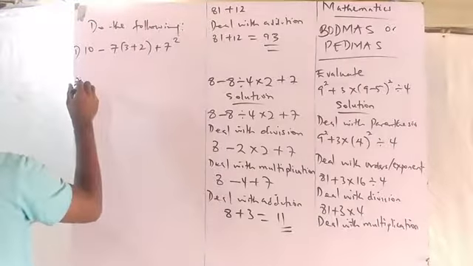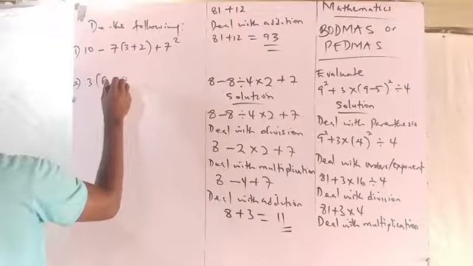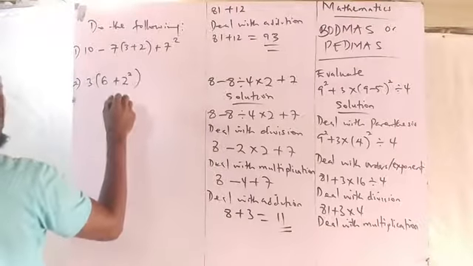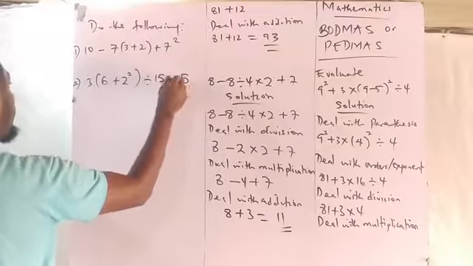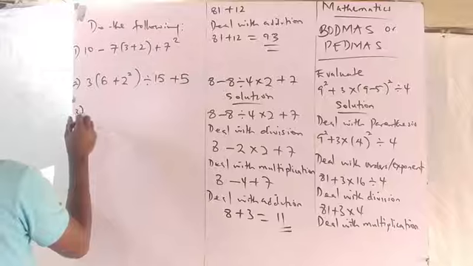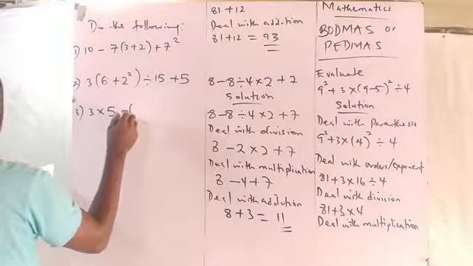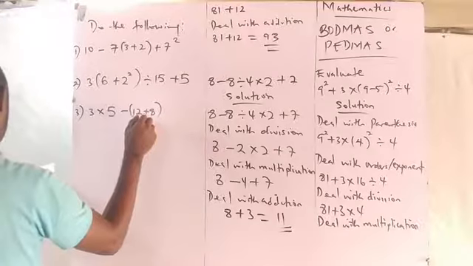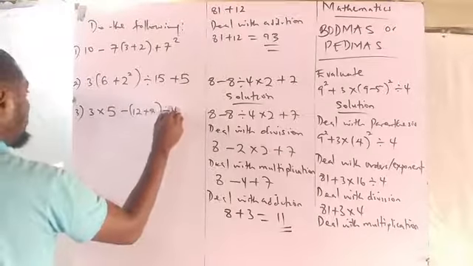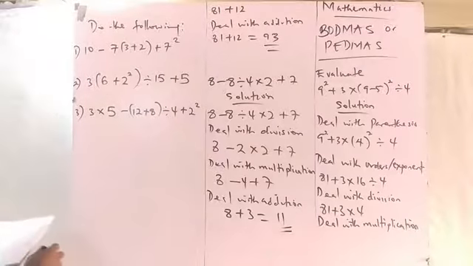Number 2: you have 3 into 6 plus 2 raised to the power 2, divided by 15 plus 5. Number 3: you have 3 times 5 minus into 12 plus 8 divided by 4 plus 2 raised to the power 2.